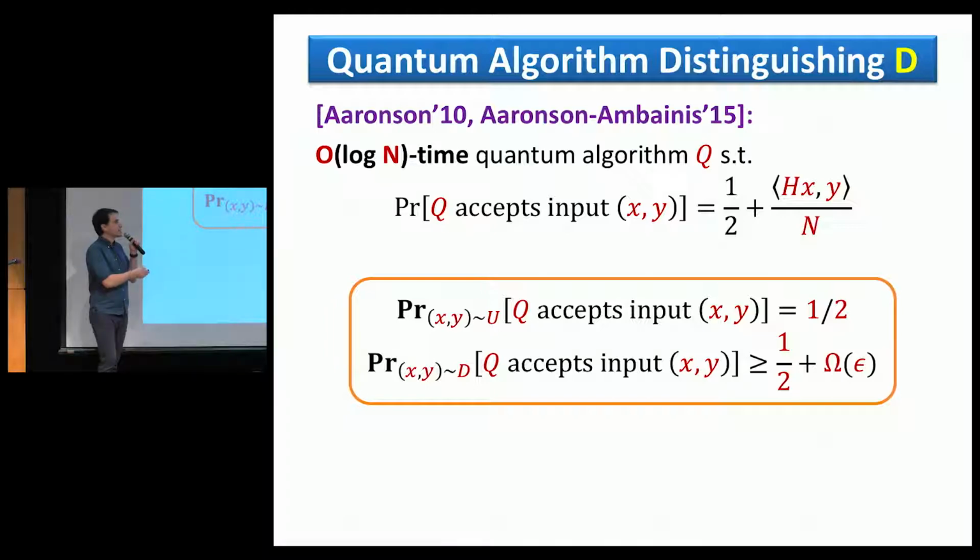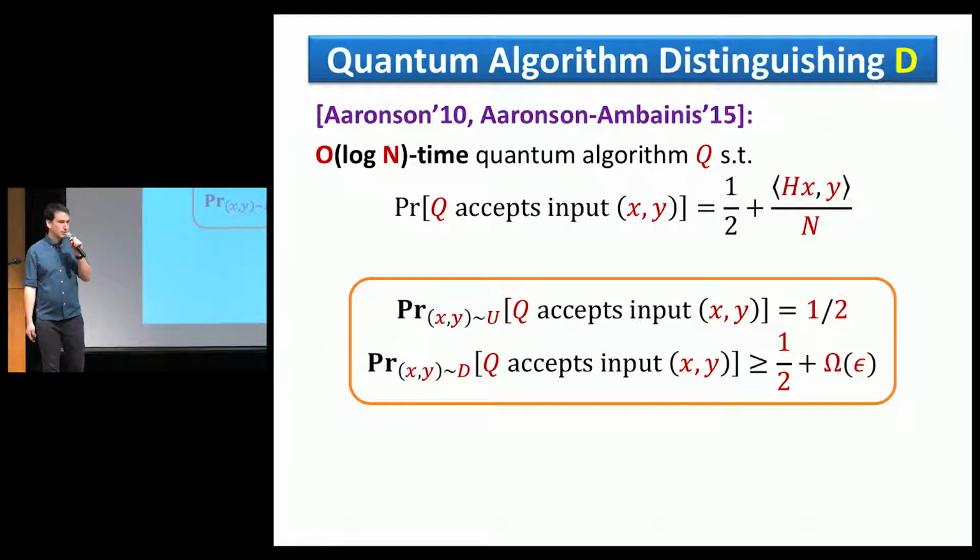So what is the expected value of this expression over the uniform distribution? When we take the uniform distribution, both x and y have mean 0, and they're independent of one another. So the expected value of this inner product is 0, and we get that the expected value here is 1/2. On the other hand, on the correlation distribution, what do we know?